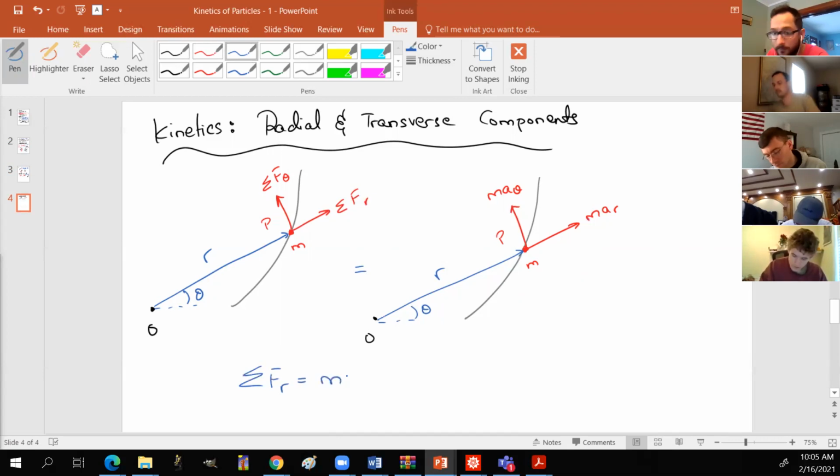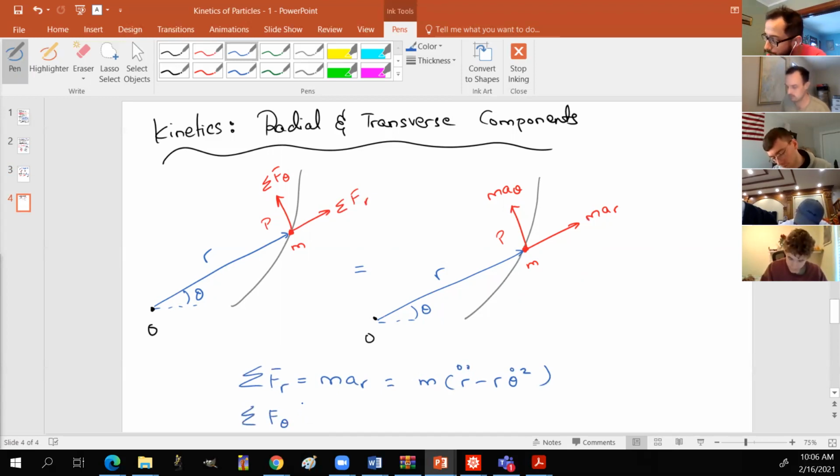F_r is equal to m times a_r. And we derived this, a_r was equal to r double dot minus r theta dot squared, and F theta is equal to m a theta, which was m times r theta double dot plus 2 r dot theta dot. Good. All right, let's get into some problems.